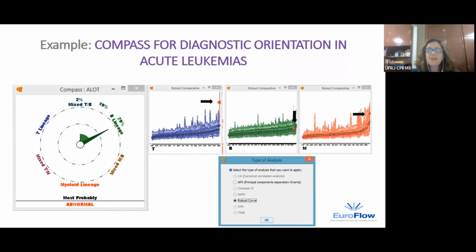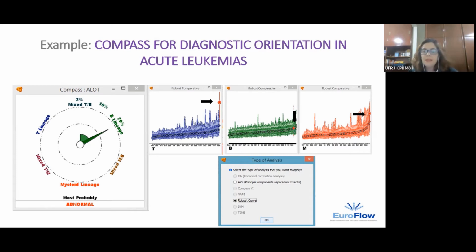Here we have also another piece of information that is a robust comparative curve. This comparative plots every case we have in the database in order, and we have our case compared with these cases, and our case is outside from T, outside from myeloid, and our case fits inside one BCP case.